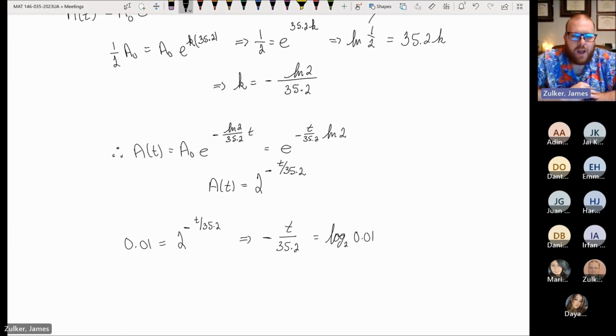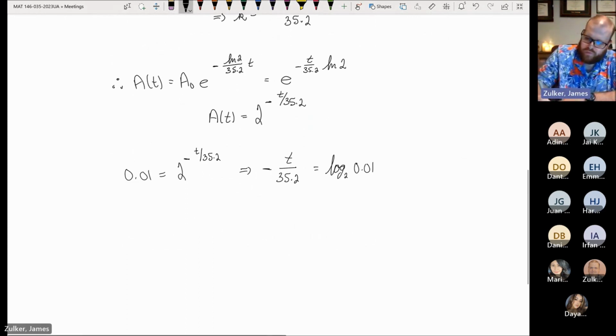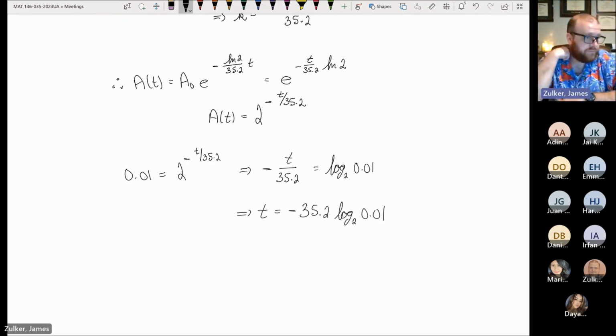Write the equation in logarithmic form. We're going to get t is negative 35.2 times the log base 2 of 0.01.